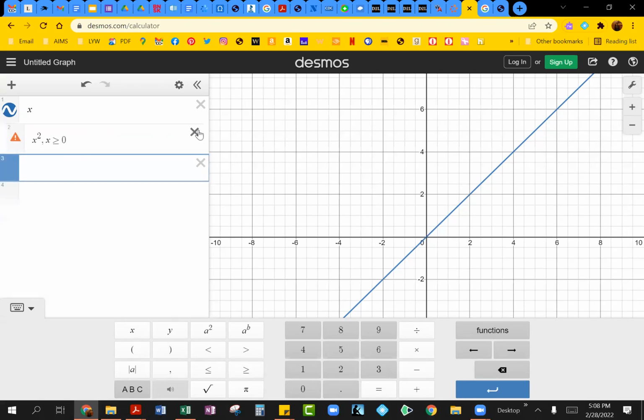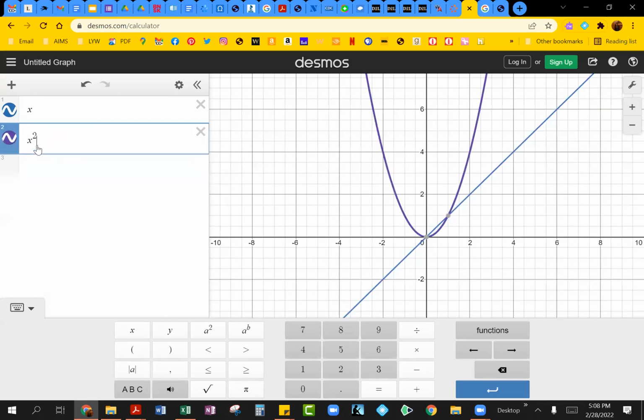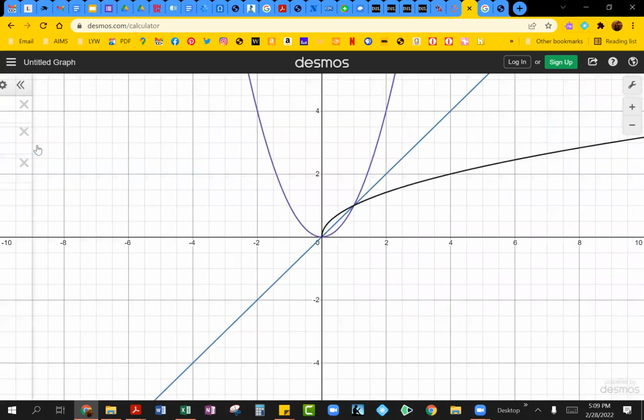Okay, it's still not doing that. Well, let's do x squared, and then let's do square root of x. Okay, since I am unable to restrict our domain, you want to ignore this part of the x squared function.